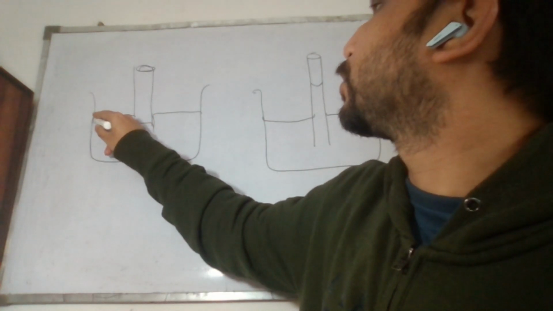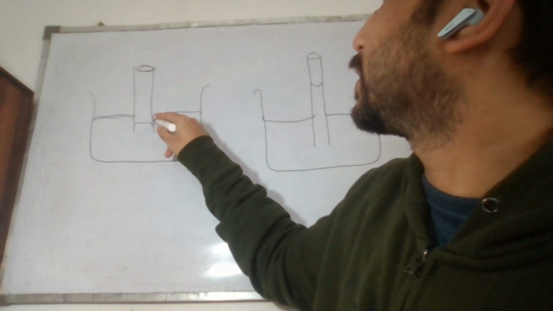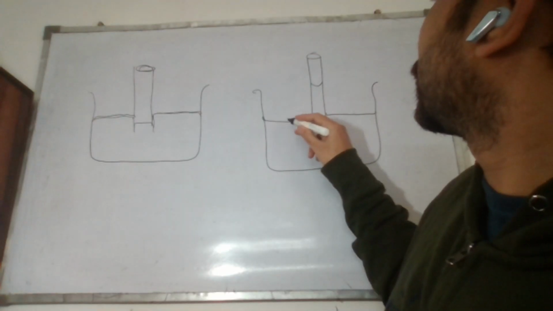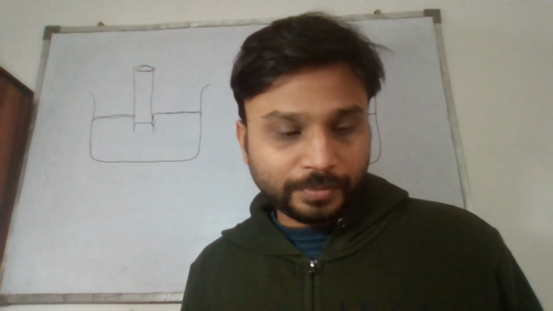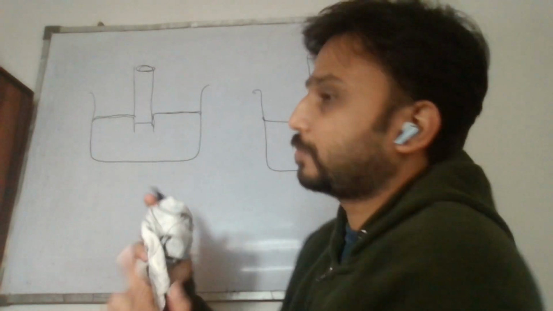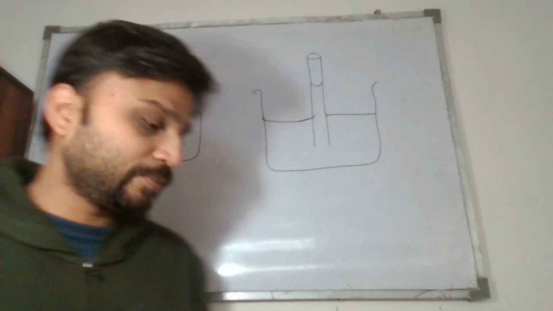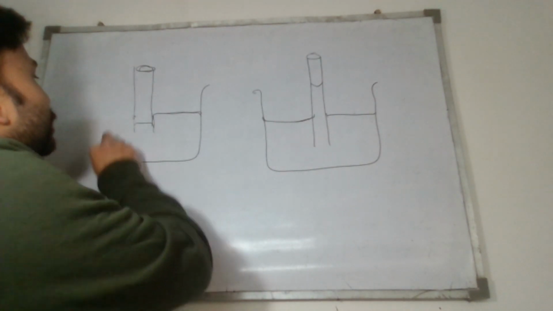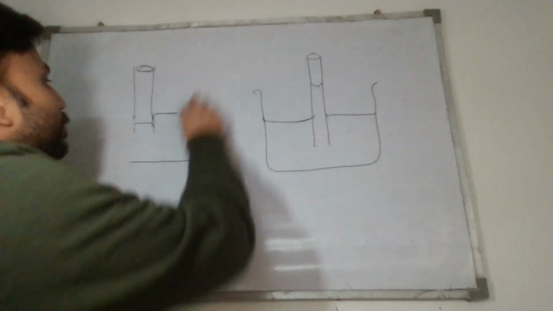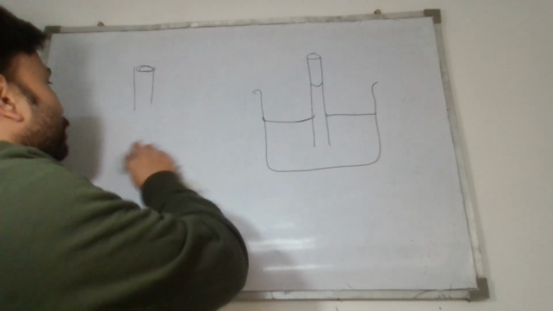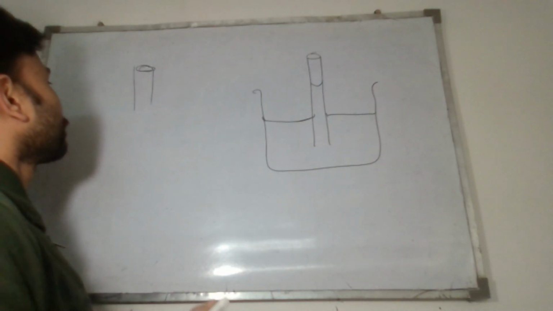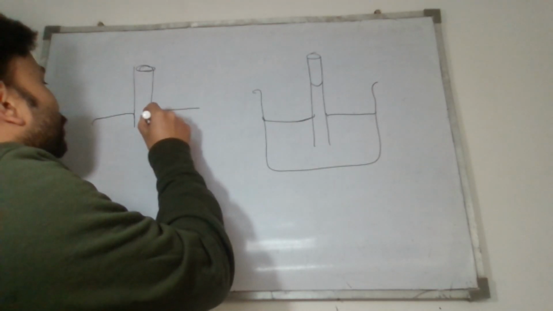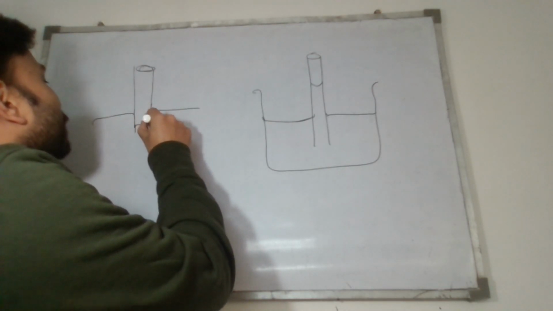So when this capillary is put inside this surface, the mercury level will actually go down.